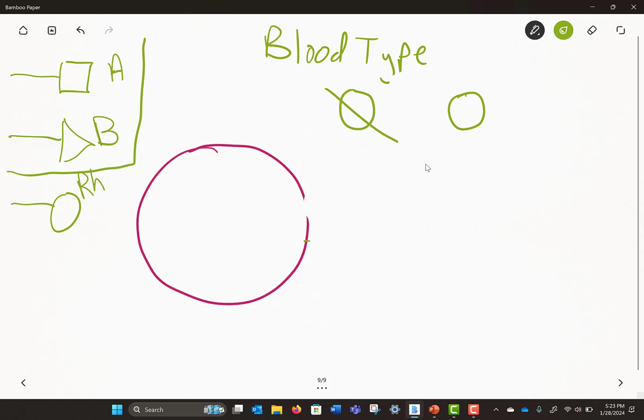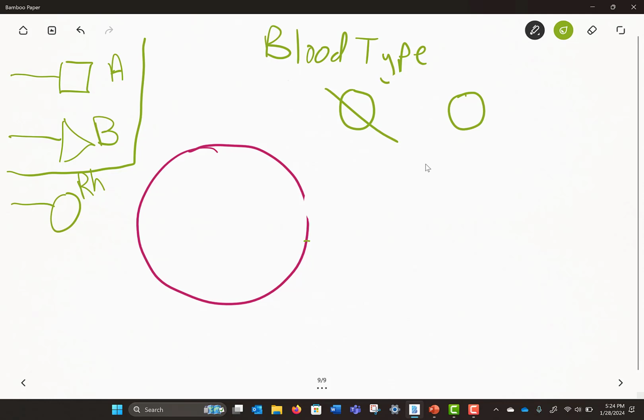Well, what actually happened was there was some weirdness and someone saw all these letters, A's and B's and AB's, and they thought that that 0 was the letter O. And that's what stuck. Blood type O actually means blood type 0.